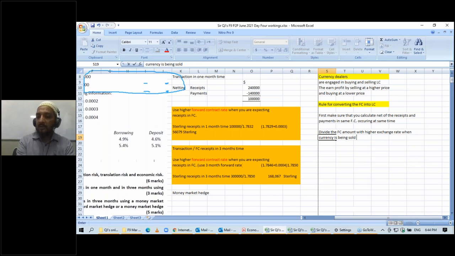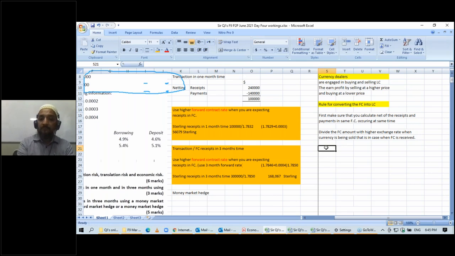So he will be dispatching the local currency from his counter. So he'll be selling the local currency, so it will be selling at a higher rate. That is in case when foreign currency is received. So whenever foreign currency is received, divide the foreign currency with the higher rate.